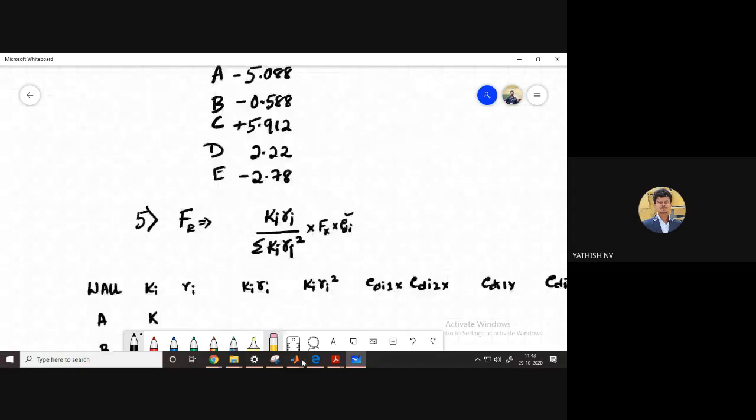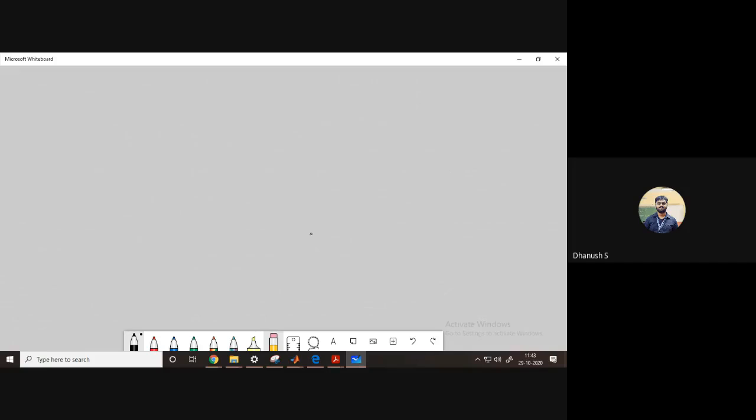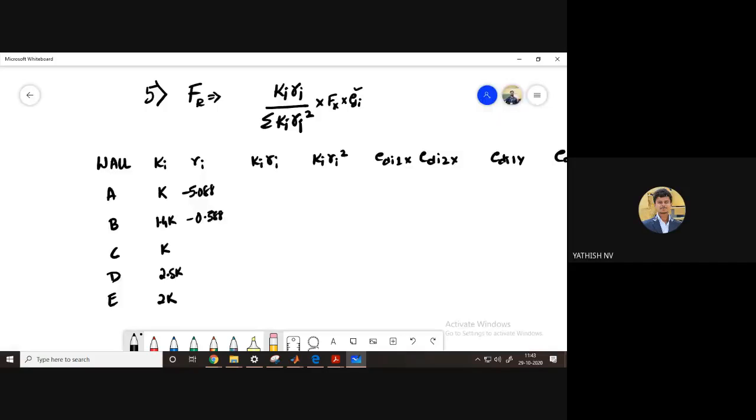Minus 5.088, minus 0.588, plus 5.912, 2.22, minus 2.78. Now multiply this: KiRi is basically this into this, divided by KRi square. Someone tell me the values.